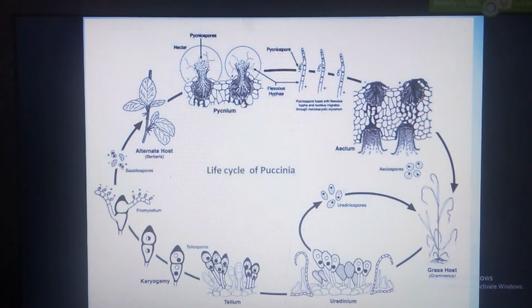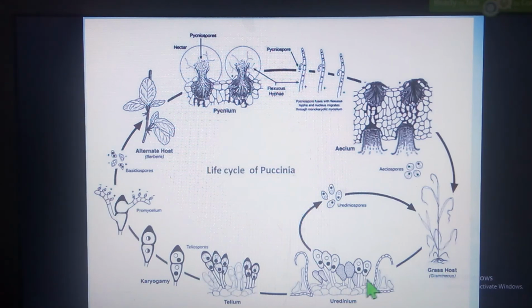If we take a look at the overall life cycle of Puccinia, suppose this is the wheat or a grass host. It will start to form uredosori, from which we get the uredospores. In favorable conditions during winter, this process will repeat again and again.